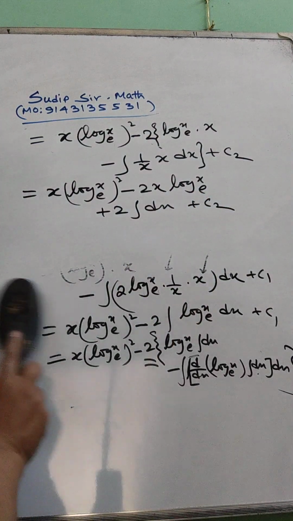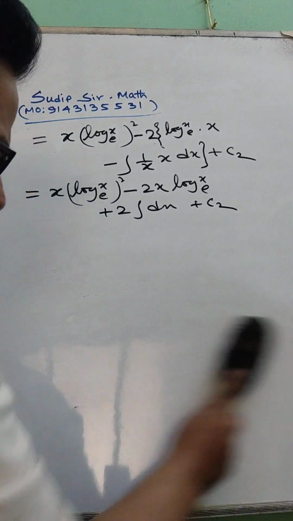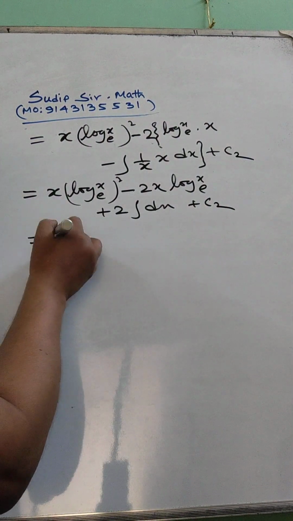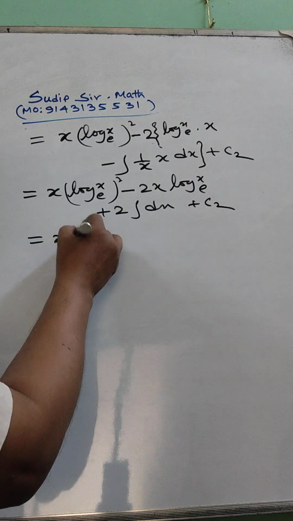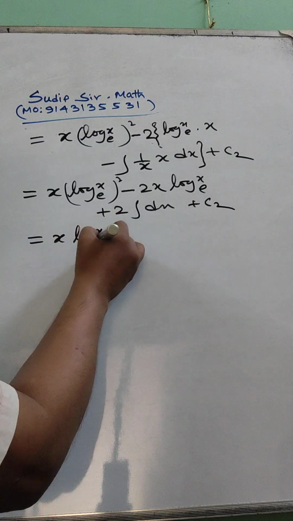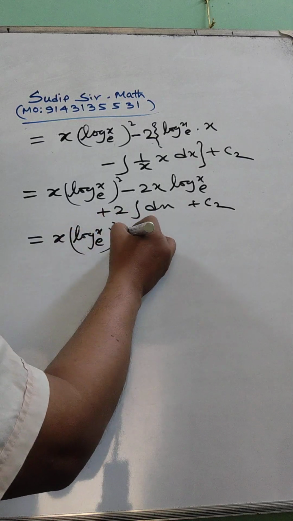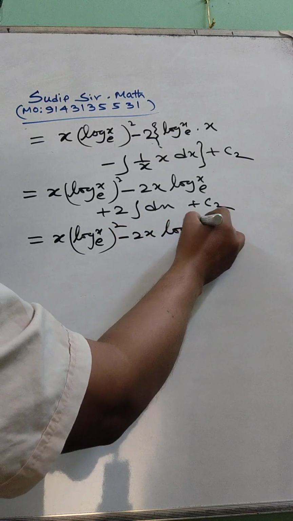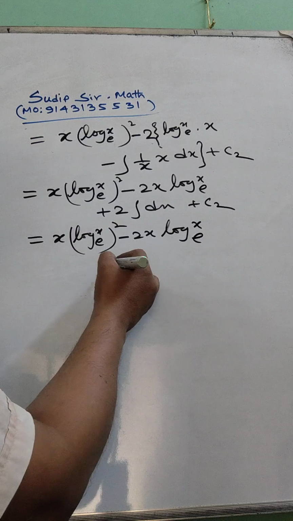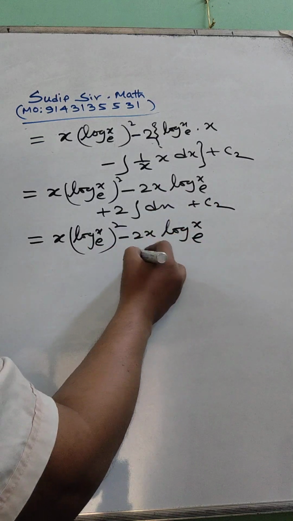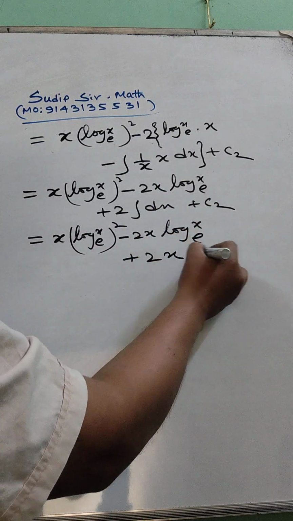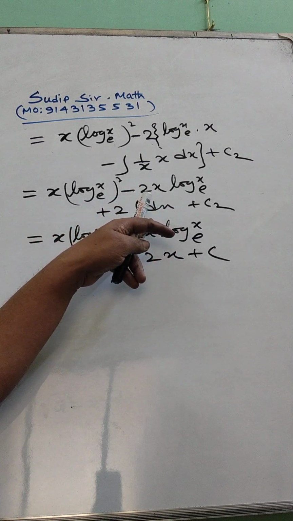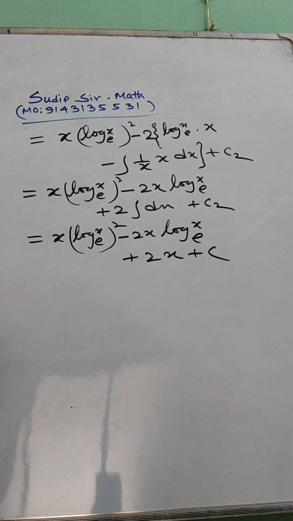So we have to do another integration, that is x (log x base c)² minus 2x log of x base c, only log x, plus 2x plus c. 2 dx gives 2x plus c.